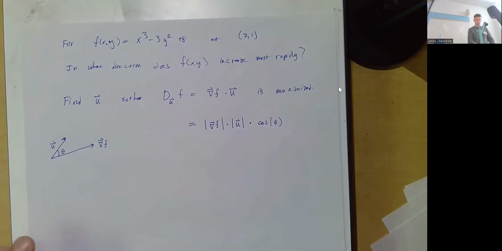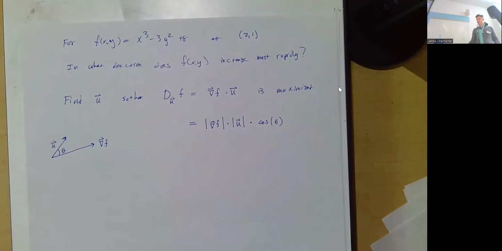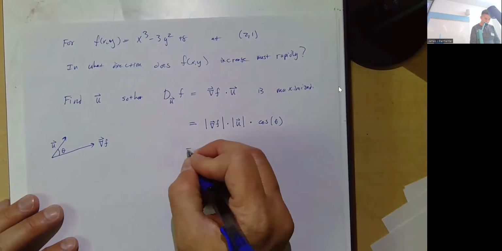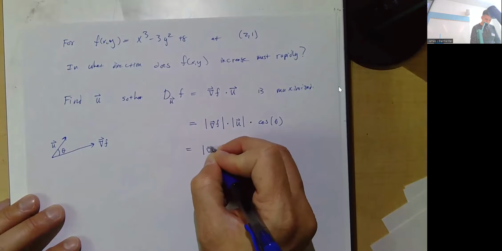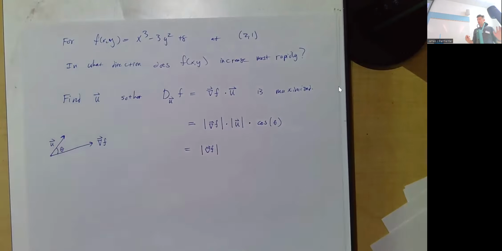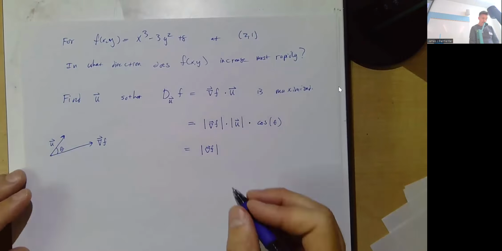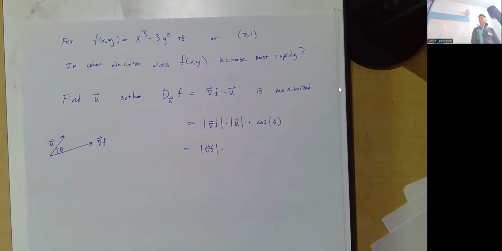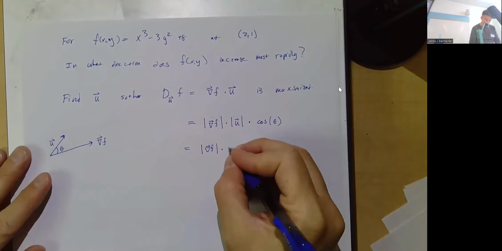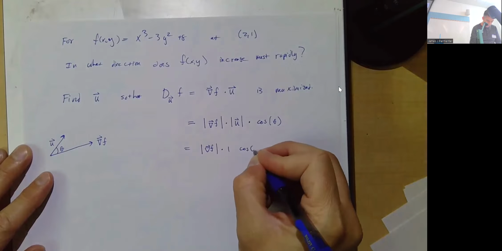To make this expression as large as possible, first off, the gradient of f isn't going to change. You take the partial derivatives, plug in the point, and you get a vector that is the gradient of f. What's the magnitude of u? My unit vector has a length of 1. So whenever you are finding the magnitude of a unit vector, that's just 1. And then you've got cosine of theta.